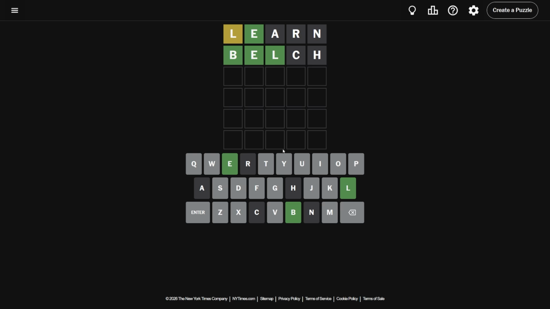Actually, the first word I thought it was belly, but I didn't want to double the L, but maybe that's it. Nope. What would it be? Bellow? Is that something? Or I'm not thinking of some other word.